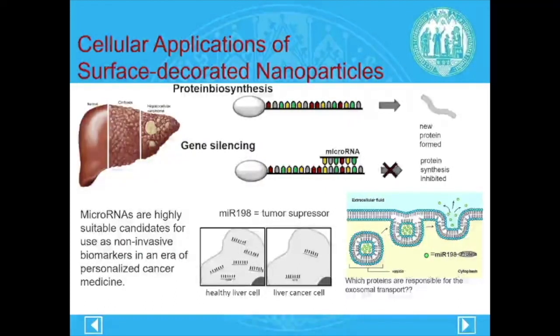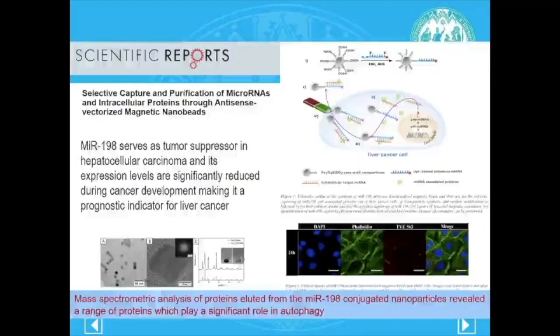And this was done in a PhD thesis of Dr. Isabel Gessner. This is the report showing that we have captured and purified microRNA 198, which is a well-known tumor suppressor. By taking a nanoparticle which had a complementary strand, it was introduced into the cell, which then hybridized. After the hybridization within the cell, the nanoparticle was taken out of the cell by magnetic filtration.